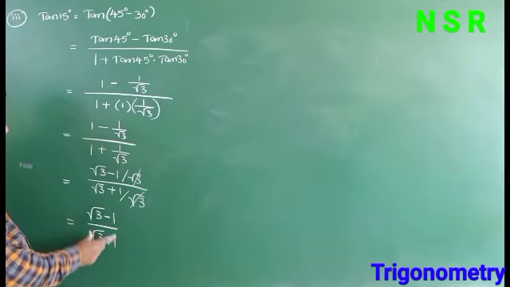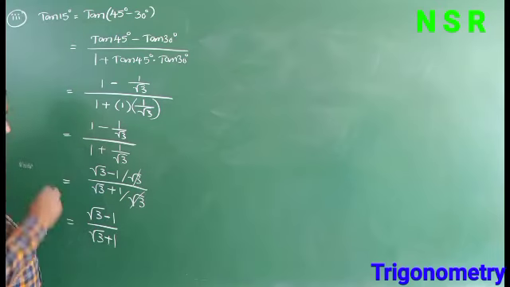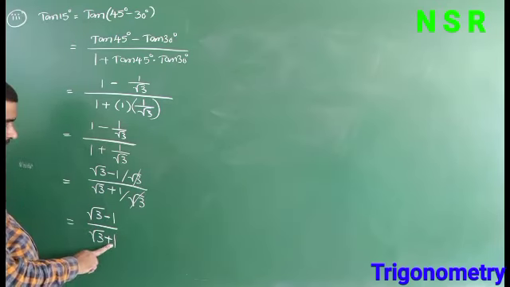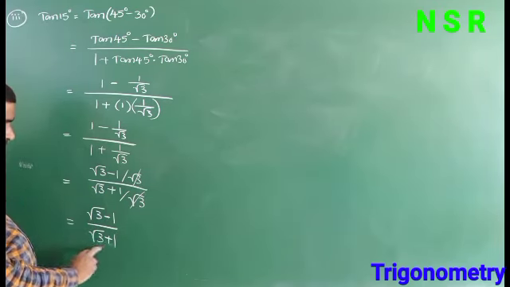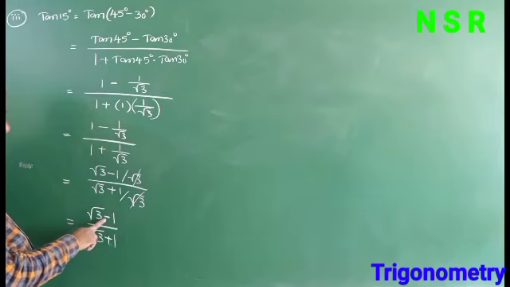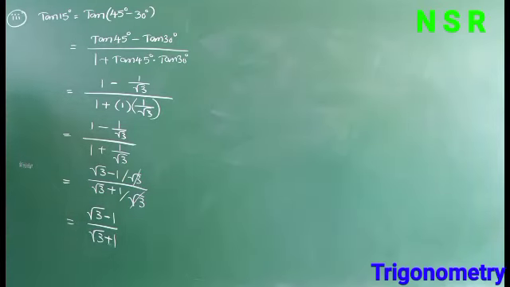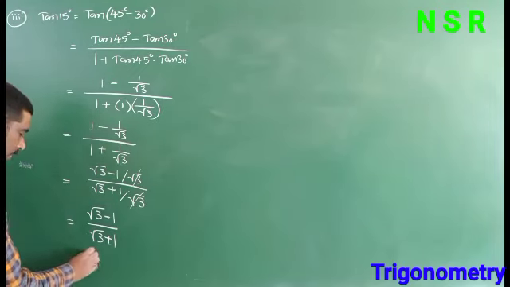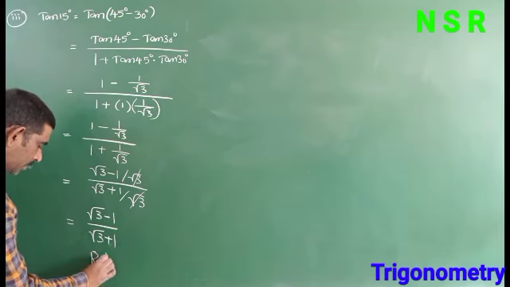So here the values are the same, but here minus and plus are there. So rationalize this one, to remove the root in the denominator. Here the numerator is root 3 minus 1, and the denominator root 3 plus 1 is there, so rationalize with root 3 minus 1: multiply and divide.